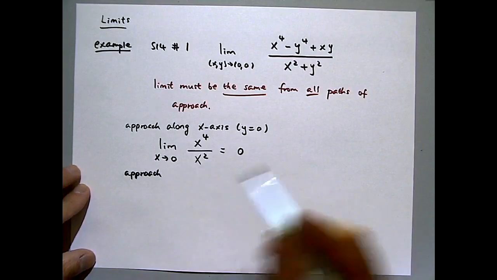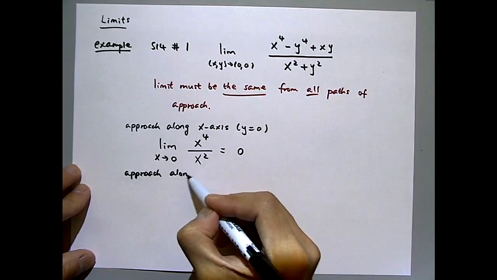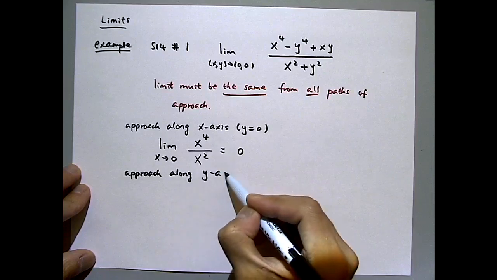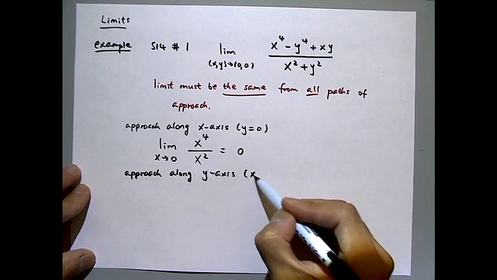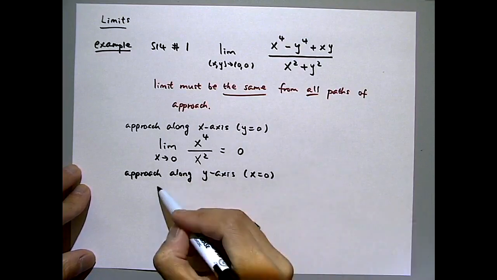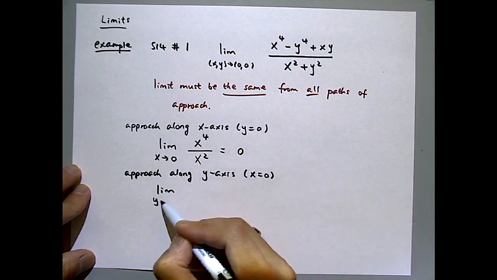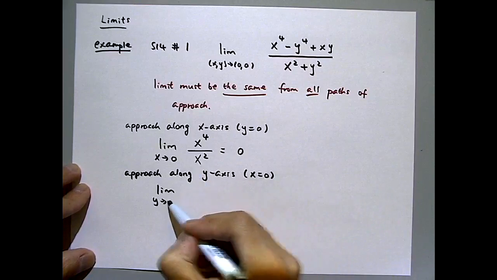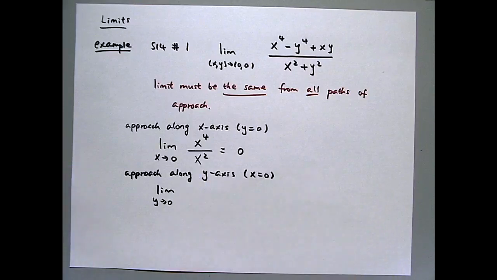Let's do the next easiest thing. Approach along the y-axis. That means x is always equal to 0. And so therefore, the only thing that's allowed to change now is y.